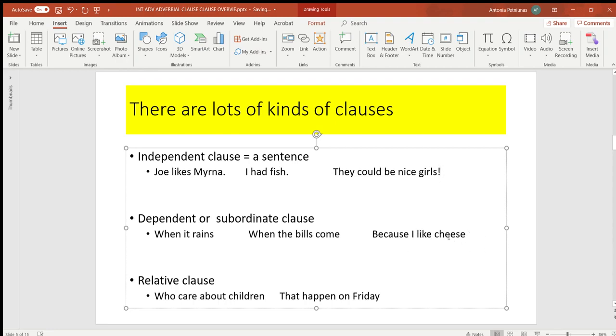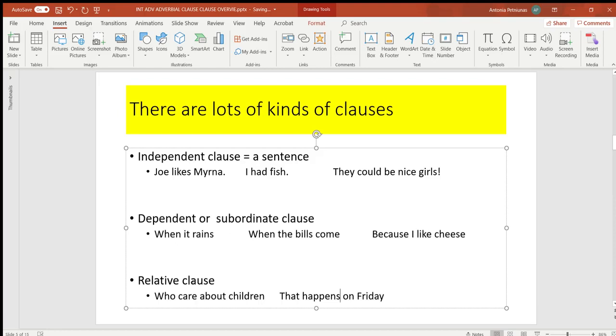because I like cheese. There's another kind called a relative clause. Who care about children. That happens on Friday. So we'll talk about those another day. Sometimes you hear something like, I love children, people who care about children.